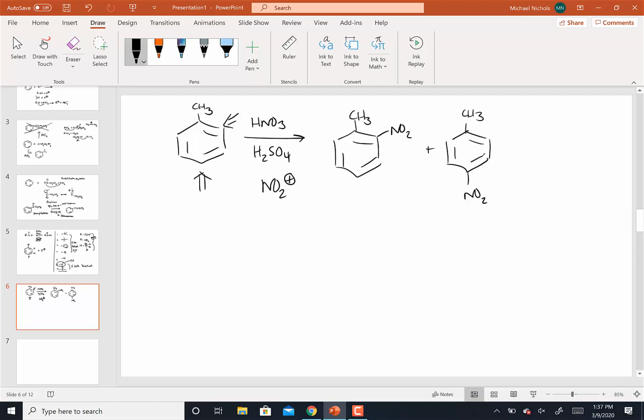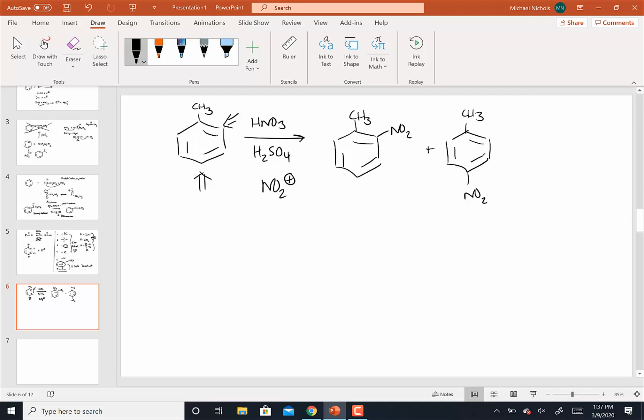What happens if there's more than one group on the ring? So number one, in order to answer that question, you need to know your chart, at least from the standpoint of what's ortho-para and what's meta director. Now you might say, do we really need to know it in order? Yes. Because I think Top Hat still uses the approach that I used circa 2000-ish.